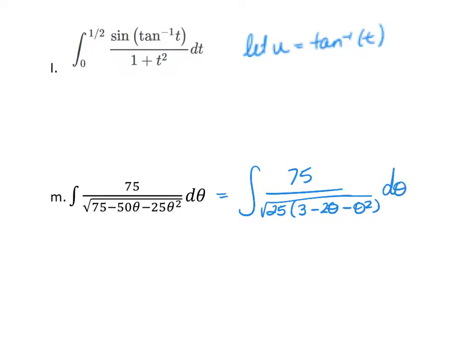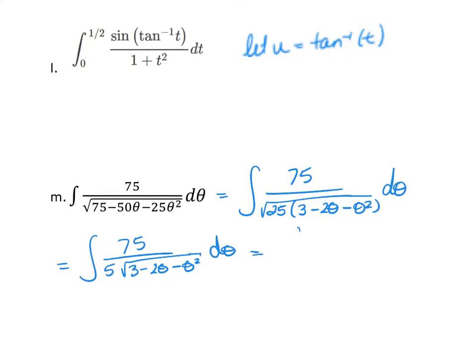And I'm telling you, this is on the homework. So the first thing I'm going to do is factor out that 25 to see if I can start making it look like one of the patterns I want. So then I'm going to do this as the 75 over, take the square root of 25, which is 5, and then I have the square root of 3 minus 2 theta minus theta squared d theta.